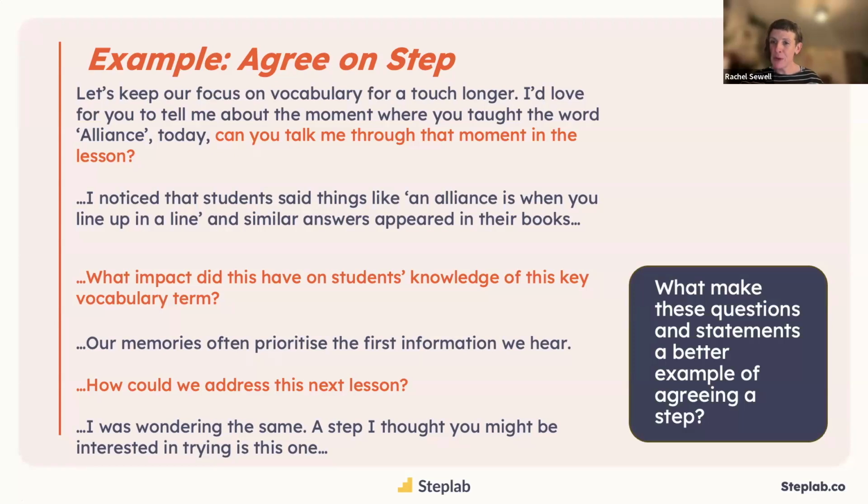You've led them towards the step, and they might say, "I should start with a really clear teacher explanation of a new word every time," in which case your only job as a coach is to tighten up that step and agree exactly what it means. But if not, you're ready to say, "Are you happy for me to suggest a step?" So it feels collaborative and responsive. Thoughts on that as an approach?